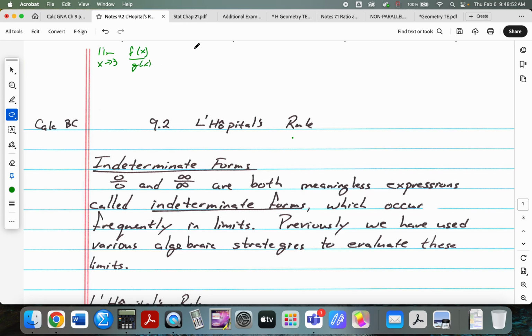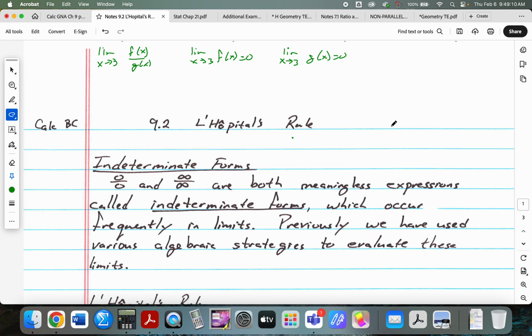We were trying to do that and we got, all right, the limit as x approaches 3 of f of x is 0, and likewise the limit as x approaches 3 of g of x is 0. You're like, well, crud. Now I've got 0 over 0.